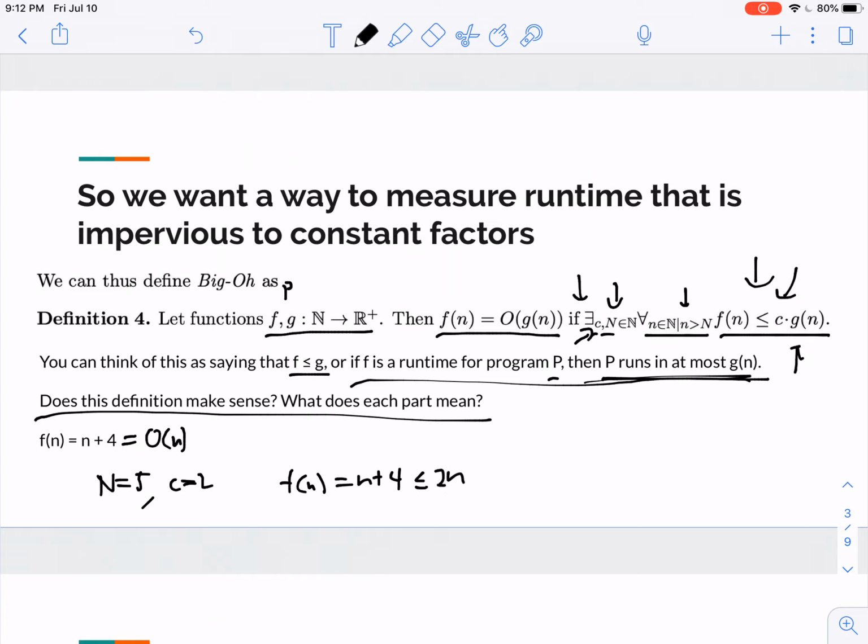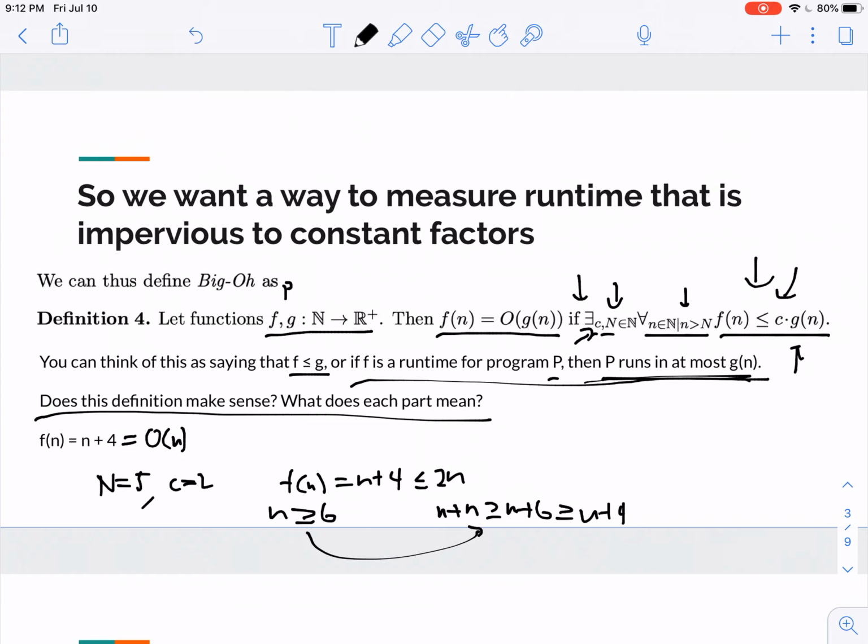And why do we know that's true? Well, we know that little n is greater than big N, which is 5, so it's at least 6. And so that means that 2n can be written as n plus n, which is greater than or equal to n plus 6, which must therefore be greater than or equal to n plus 4.